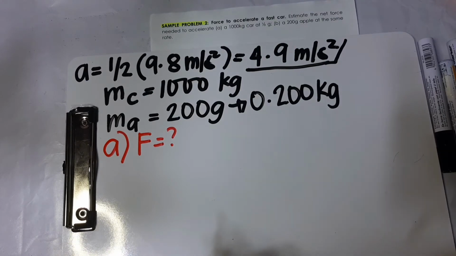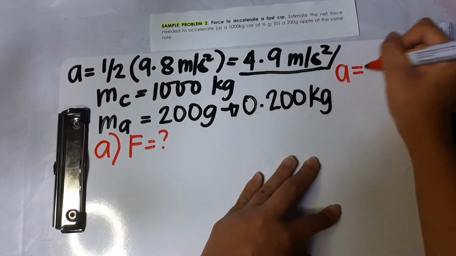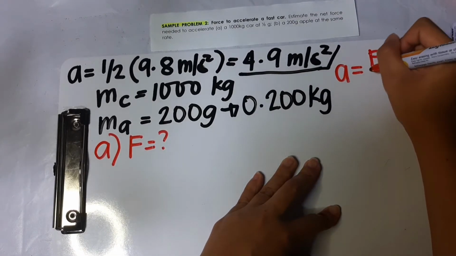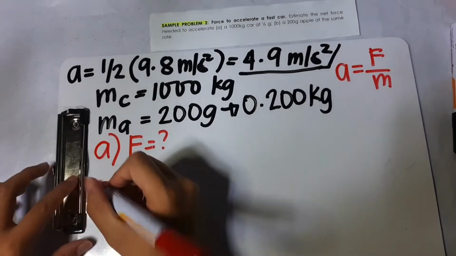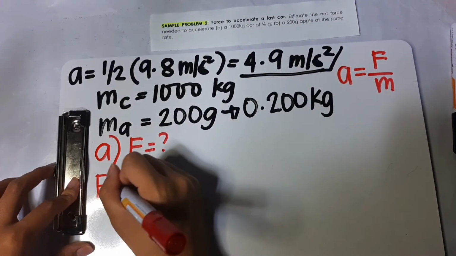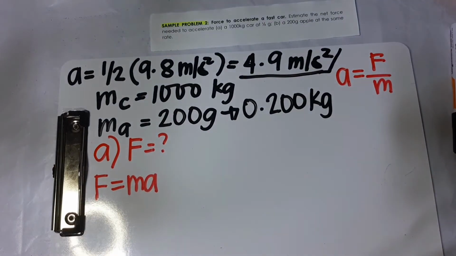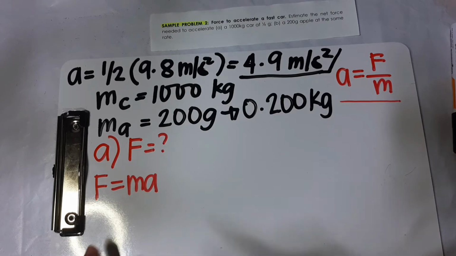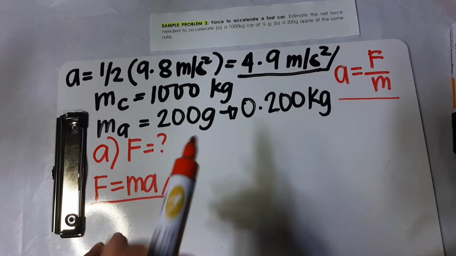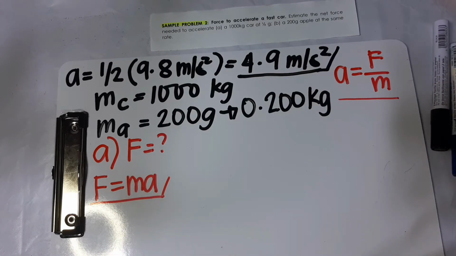We're going to derive the original formula, which is a equals F over m, to F is equal now to ma. We derive this formula in order to come up with this formula. So force is equal to the mass times the acceleration.